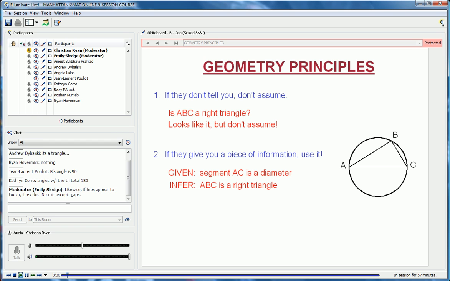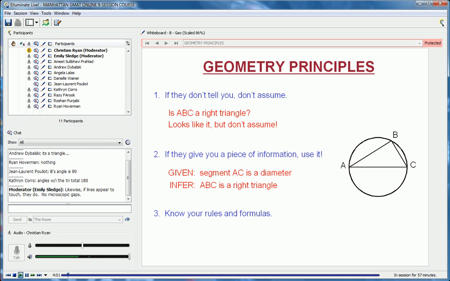That's just a property of a triangle inscribed, as they say, in a circle. If one of the sides of that triangle is an actual diameter, then yes, indeed, the angle opposite that side is 90 degrees. So if they told us that we were dealing with a diameter there, we'd be all set.